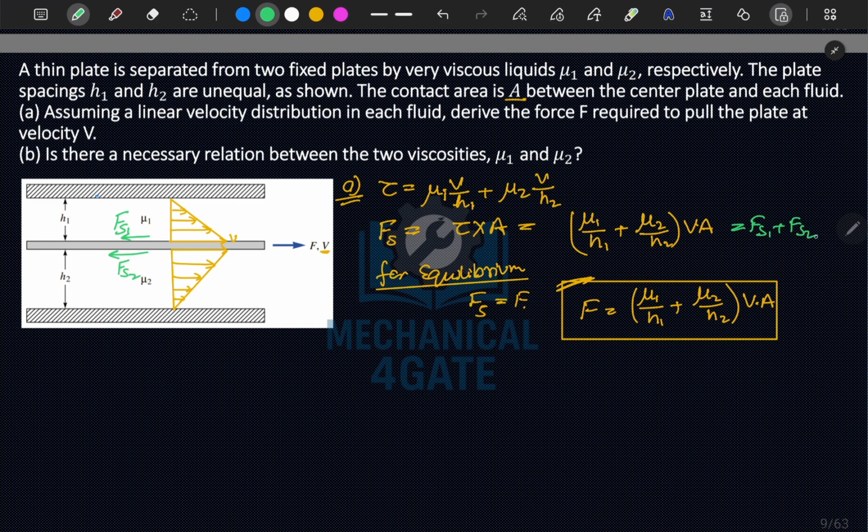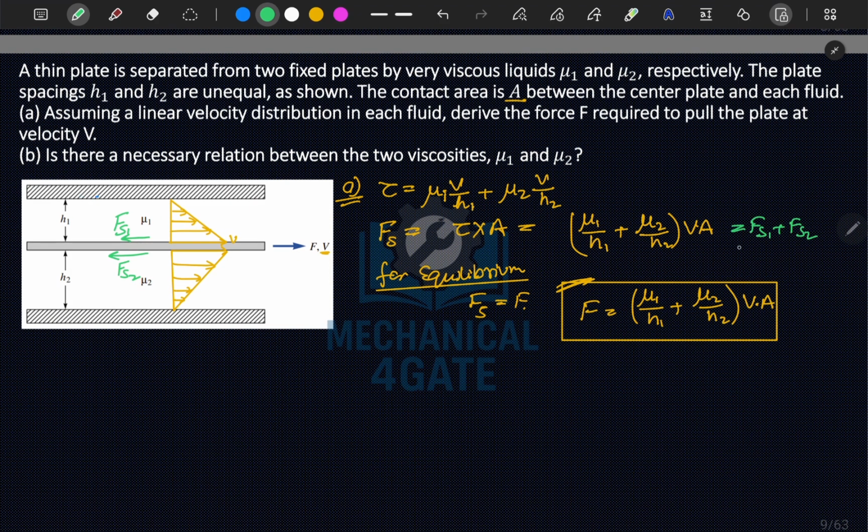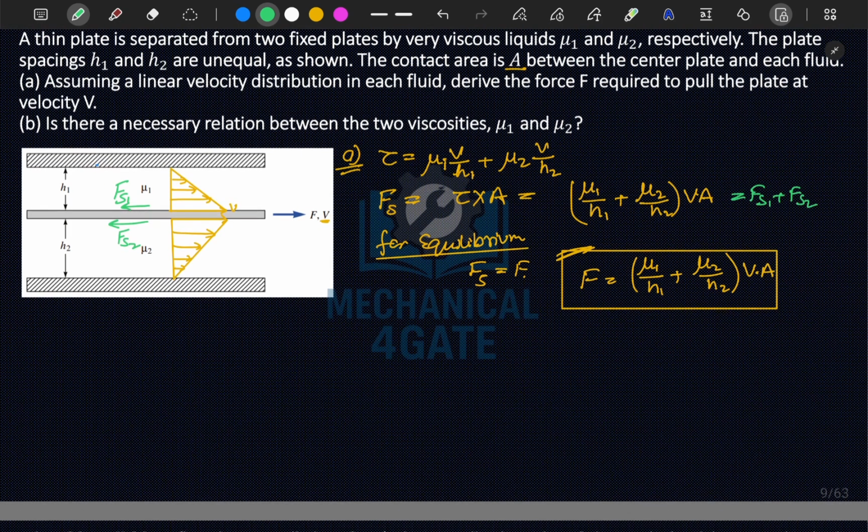If we see this, these two are different summations of tau times A. So these two are independent shear forces, not dependent on each other, and this F is simply the sum of Fs1 and Fs2. So for B part, is there a necessary relation between two viscosities mu1 and mu2? No, there is no relation between both of these.